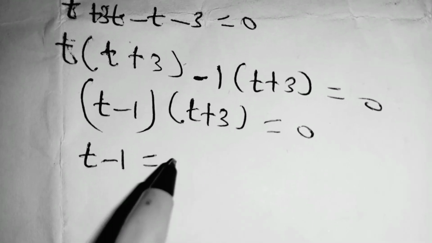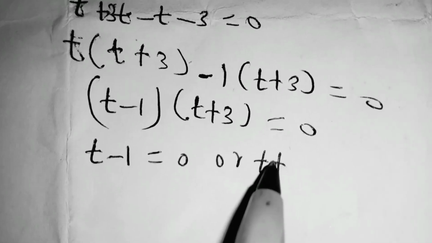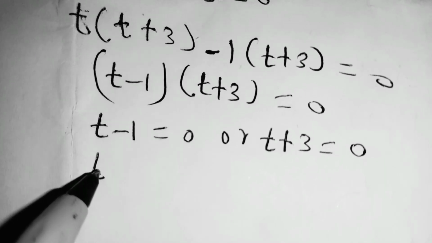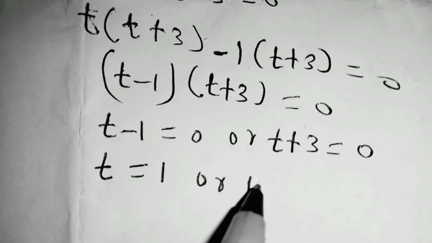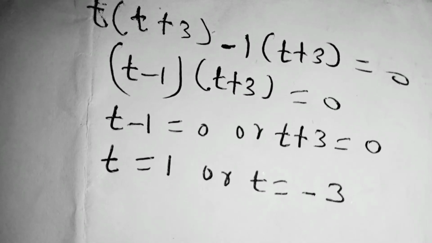Then we shall have t minus 1 is equal to 0, or t plus 3 is equal to 0. So t is equal to 1, or t is equal to negative 3.